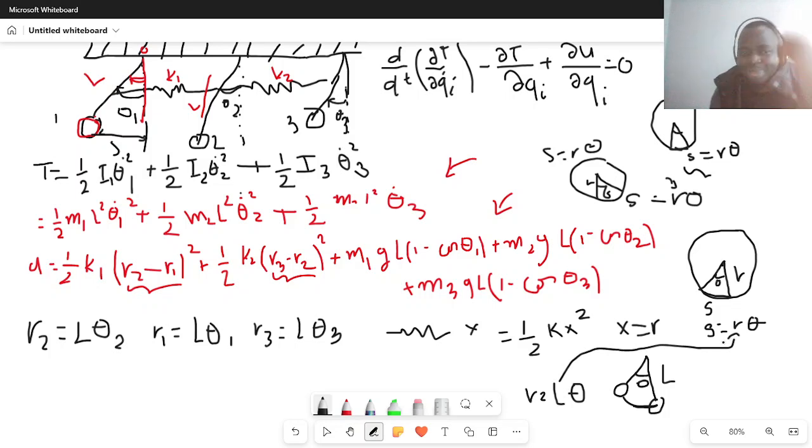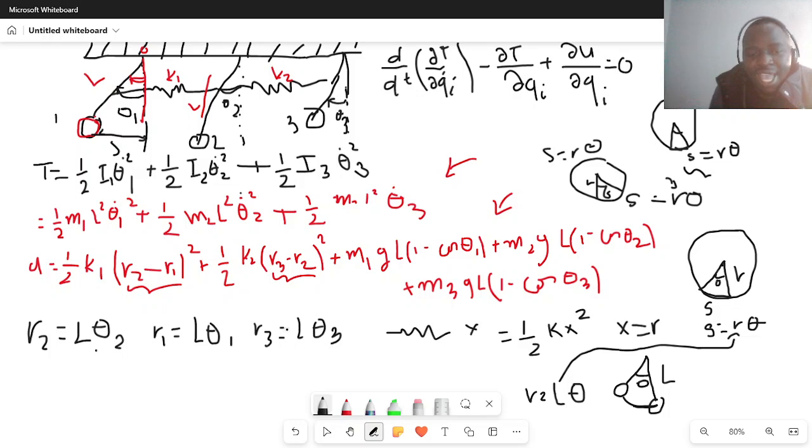So now, that's what I'm saying. For each and every displacement of this case here, let's say for object 1, if I want to write R1 in terms of L and theta, it's simply going to be L multiplied by theta 1. For object 2, it's simply going to be L multiplied by theta 2. For object 3, it's simply going to be L multiplied by theta 3.